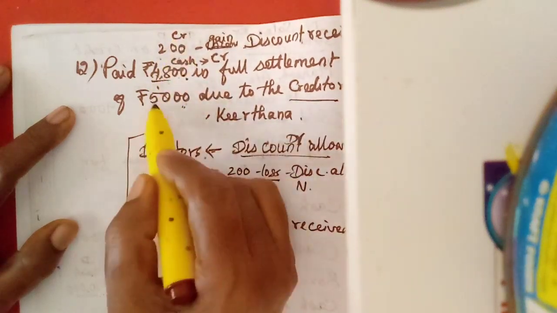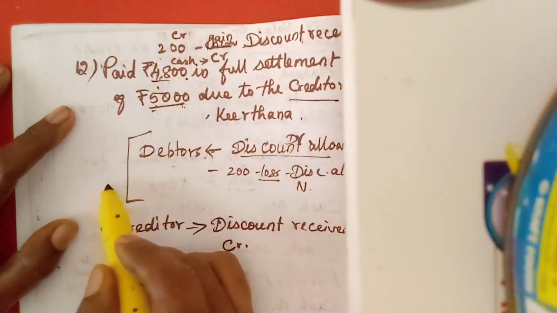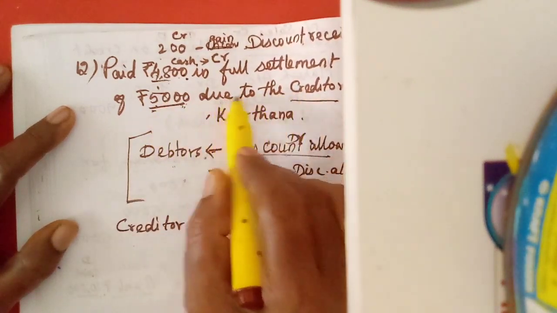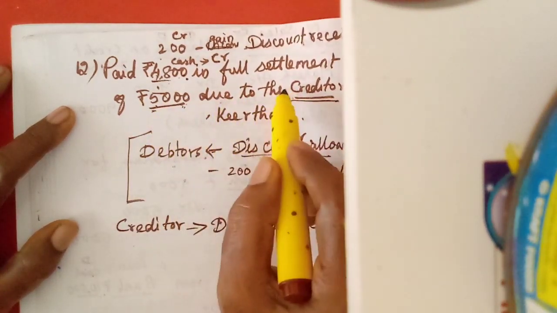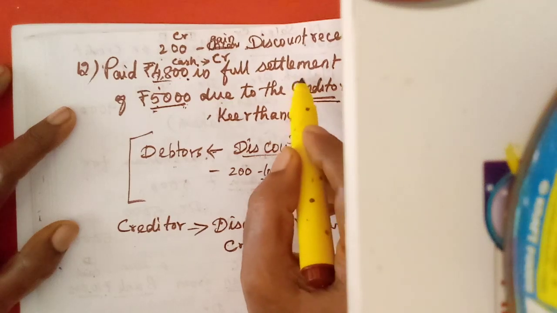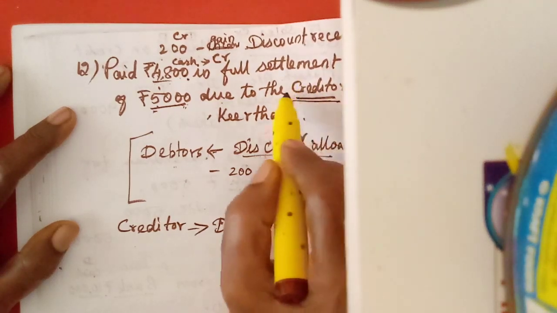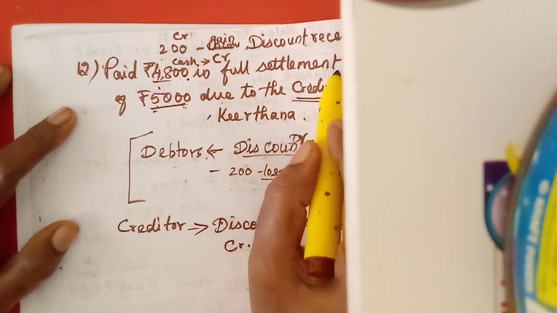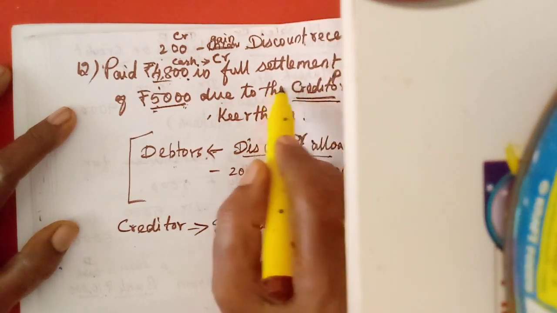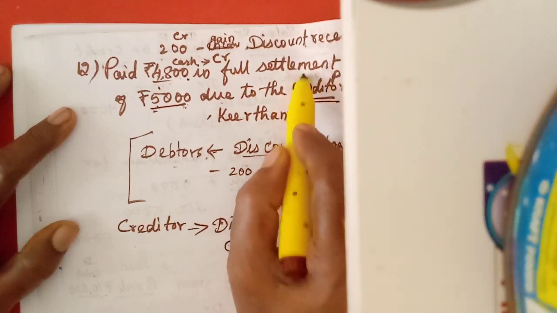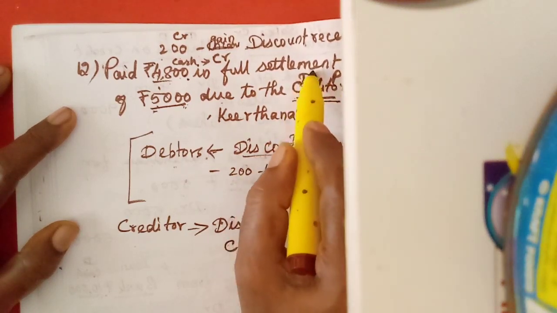What is this 5,000? Already you see that we are paying the creditor. So this creditor is receiving. Okay, so he is a personal account. He is receiving. So what is the rule for personal account? Debit the receiver. So we need to debit this creditor account.